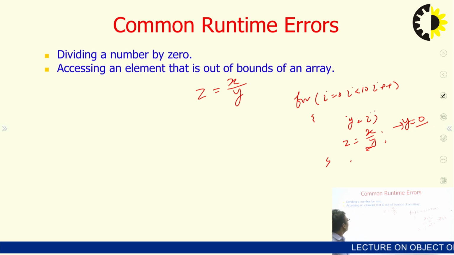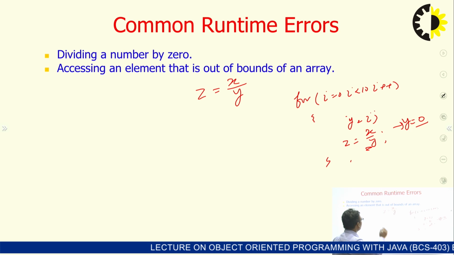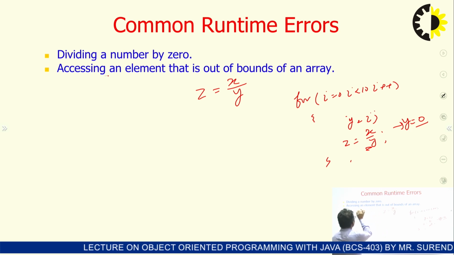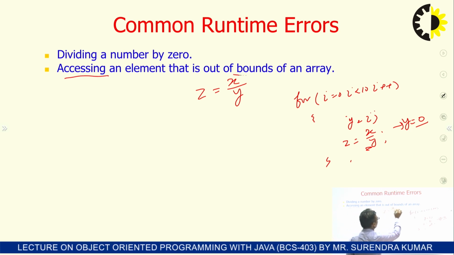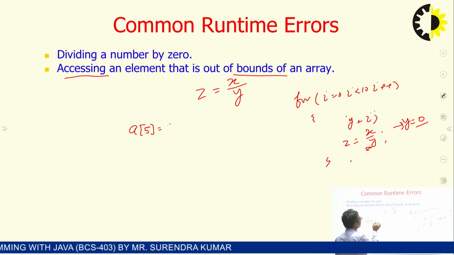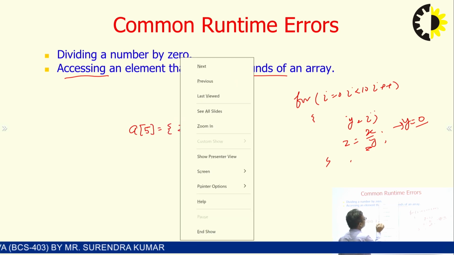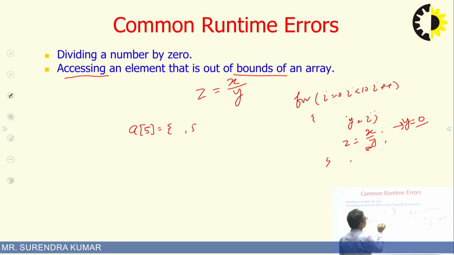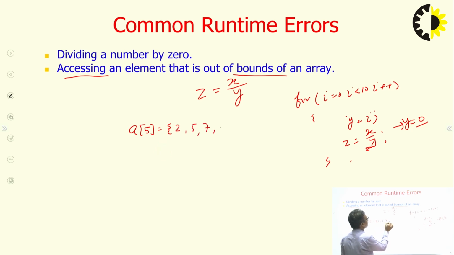Next, accessing an element that is out of bound of an array. Now you are trying to access an element which is out of bound of an array. For example, if you have an array A whose size is 5 and you are assigning the values 5, 7, 8, 6, and at any time you want to access this.